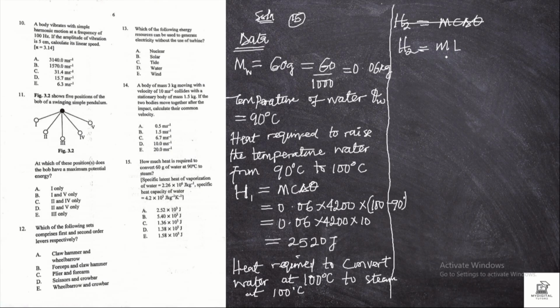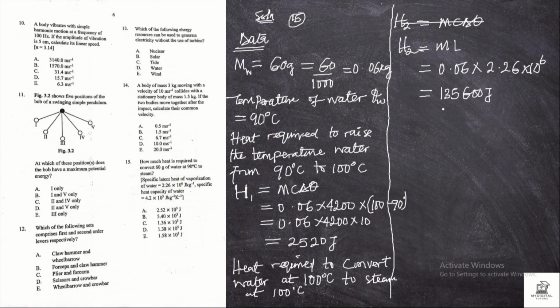So this will be equal to the mass of water is 0.06 multiplied by the specific latent heat of vaporization is 2.26 times 10 raised to power 6. Okay, when you multiply this together, that should give us 135,600 joules. I hope we are together.